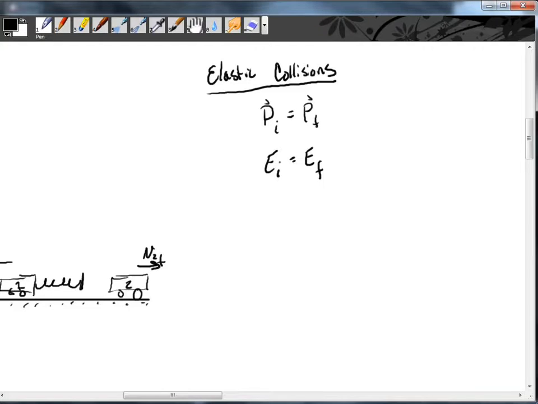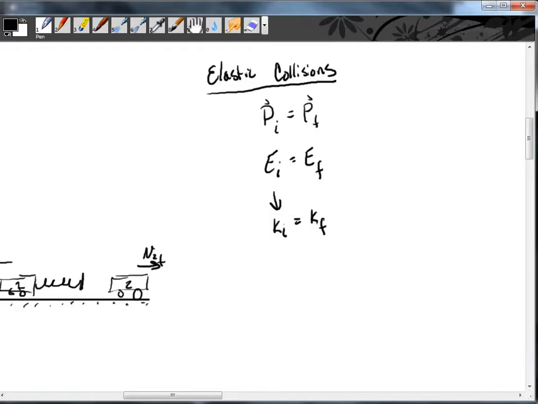However, if we're talking about our carts down here, then we don't have any change in gravitational potential energy, and the change in our spring potential energy is internal to the system. The spring is within the system, so there's no change in mechanical energy. So really, what happens here is K initial equals K final: our initial kinetic energy equals our final kinetic energy.